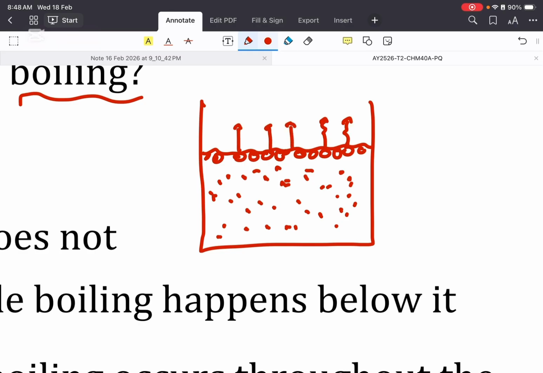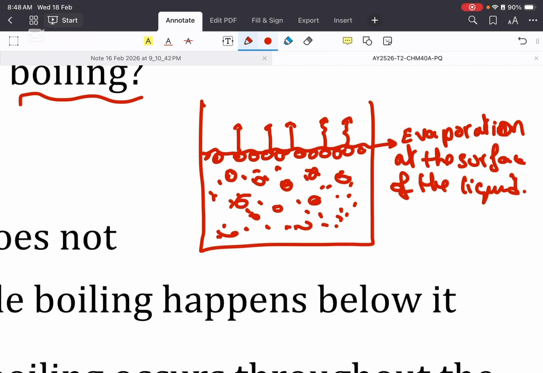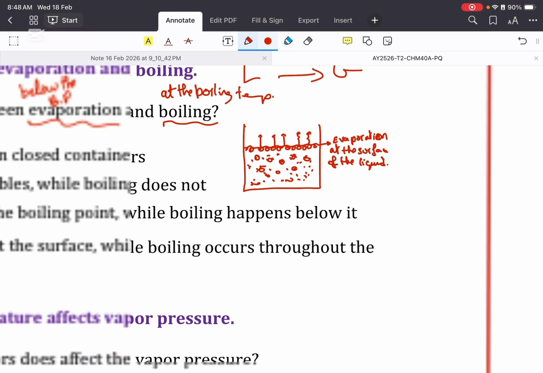So these are the ones who will gain enough kinetic energy and start escaping to the gaseous state. So when we are differentiating between boiling and evaporation, evaporation takes place at the surface of the liquid. But once boiling starts, it starts taking place everywhere. So boiling occurs at the surface and throughout the liquid.